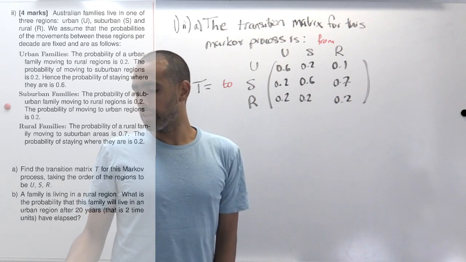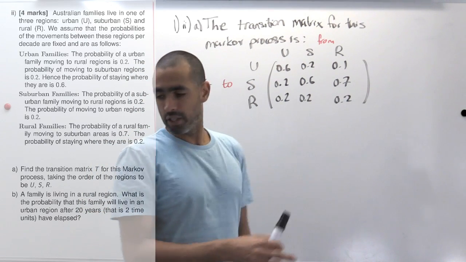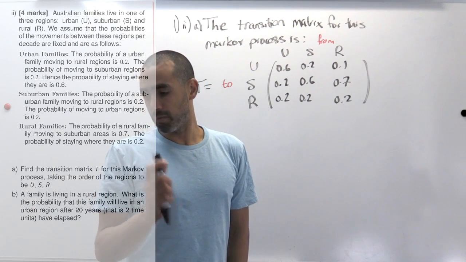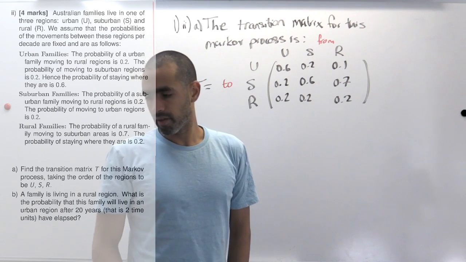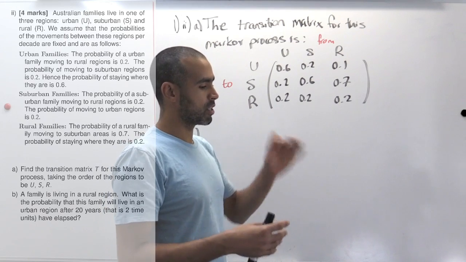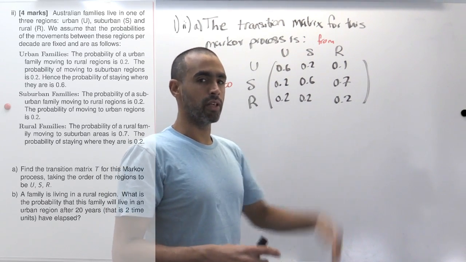And we're asked to find the probability that a family will live in an urban region 20 years, which is 2 time units, after the fact. So I have a family that's living in a rural region. What is the probability of that family moving to an urban region after 20 years?